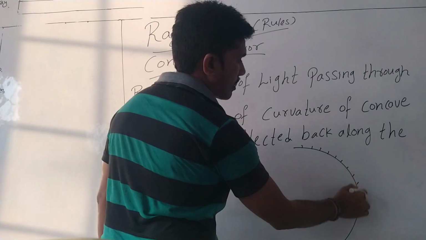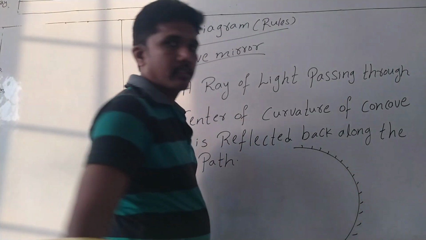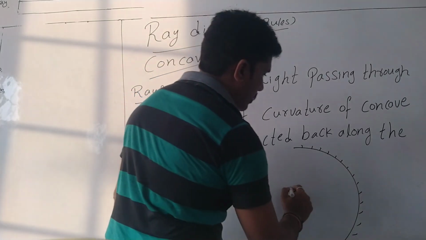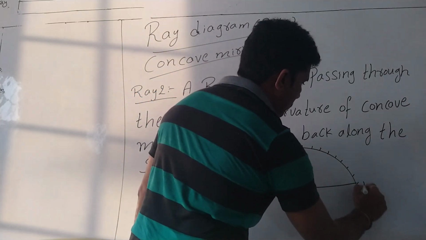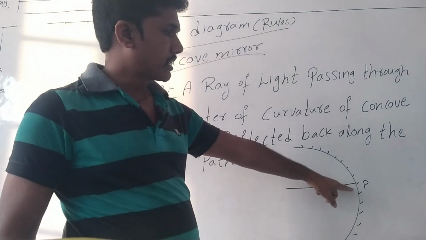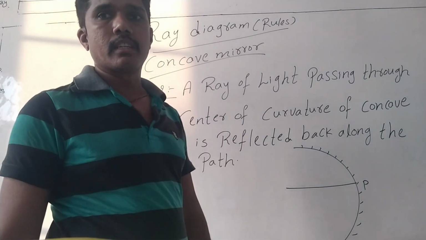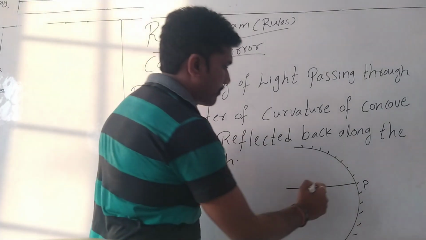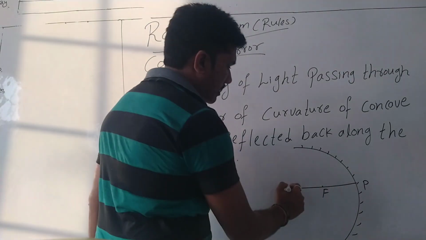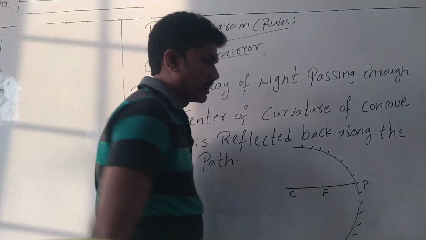The silver coating is on the outside, and inside you have the reflecting surface. You can draw a straight line, that is called the principal axis. Here is F, the focus. Here is C, the center of curvature.